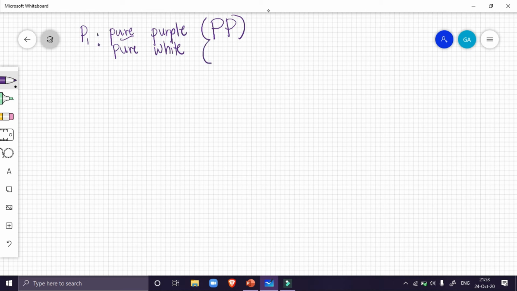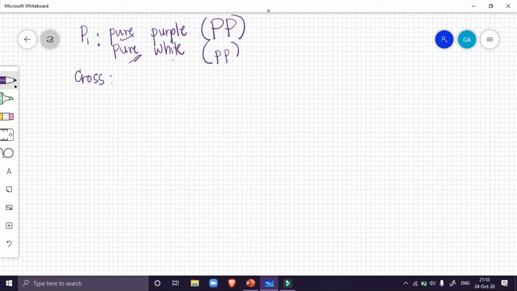Then, pure white, are we going to use another letter? No. We are going to use the same letter for the same trait. So, this will be small letter p and another small letter p. Kasi this is pure recessive. Pure white. So, this is homozygous. So, these are the two parents of that organism. Then, next step is to cross.